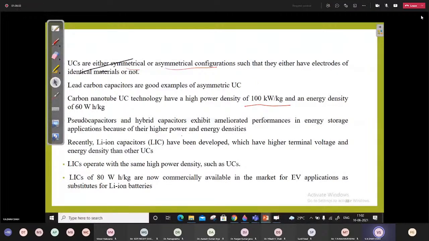Pseudo-capacitors and hybrid capacitors exhibit good performance in energy storage applications because of their high power and energy density. Recently, the lithium-ion capacitor has been developed, which has a higher terminal voltage and higher energy density than other supercapacitors. They have claimed that it is 80 watt-hour per kg.